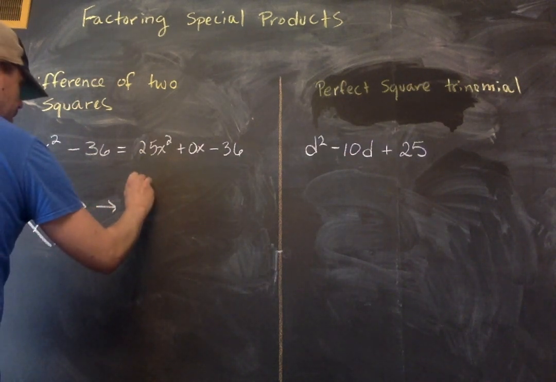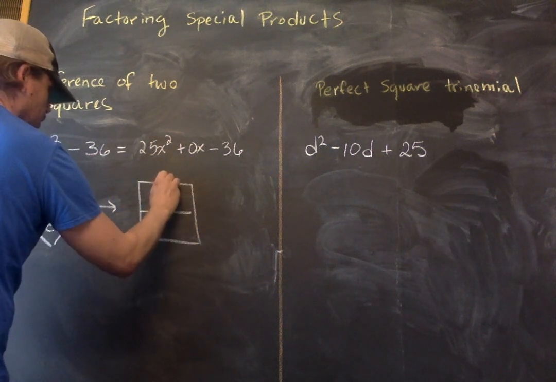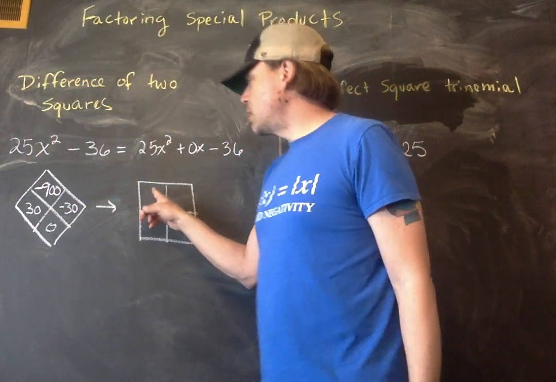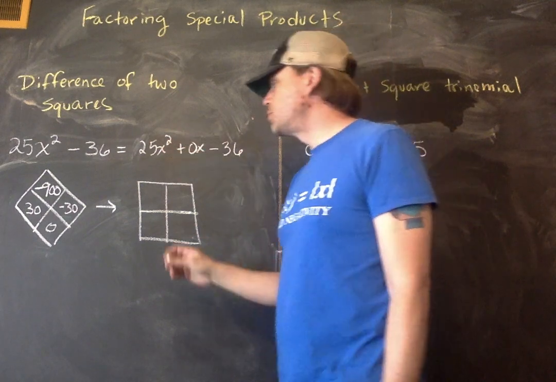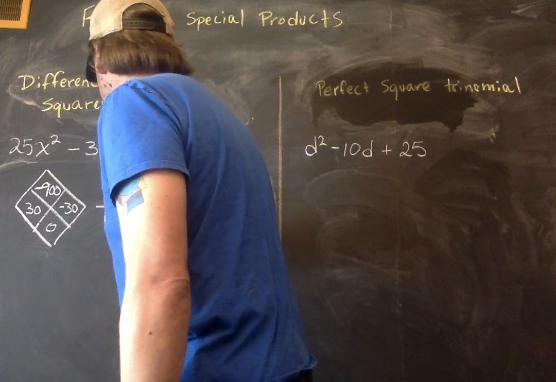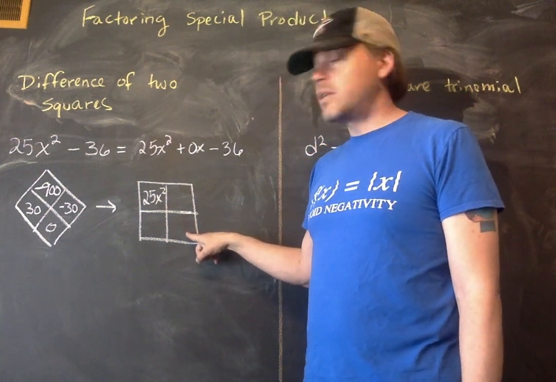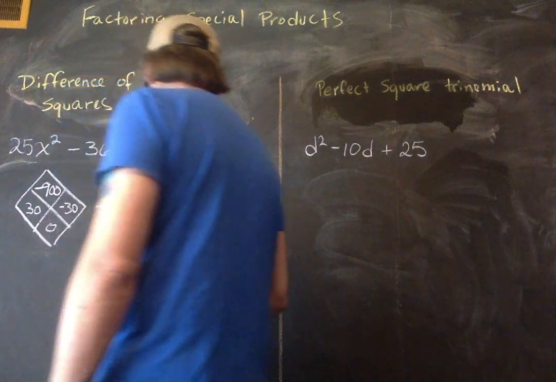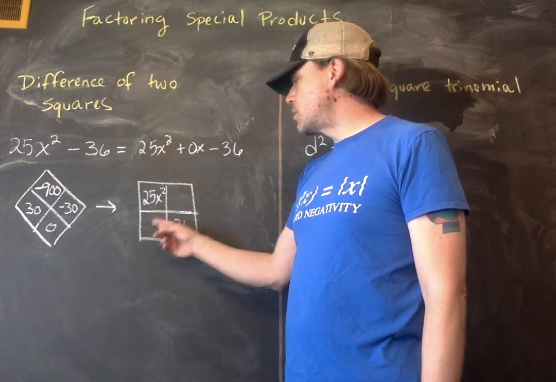After the diamond, we did these boxes. And in the box, in the top left corner of the box, I put my 25x squared. And in the bottom right-hand corner of the box here, I get negative 36. Now, I'm looking to put something here and here.